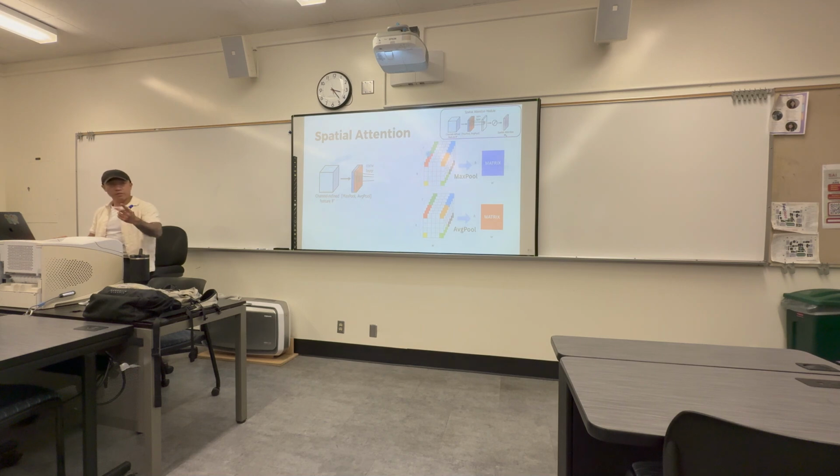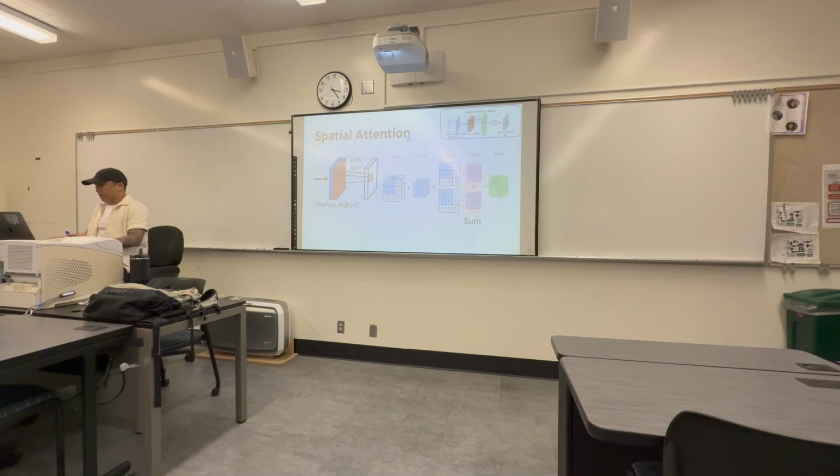And then the C, which is the 3, so 3 by 1 by 1, where C is the number of channels. Then the 2 is the max and the average pool. In this one, we're doing the aggregation along this vector, not along a matrix here.